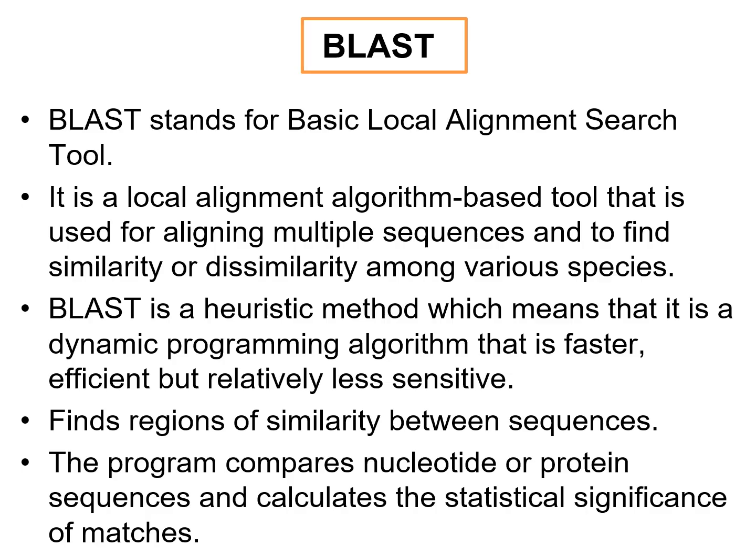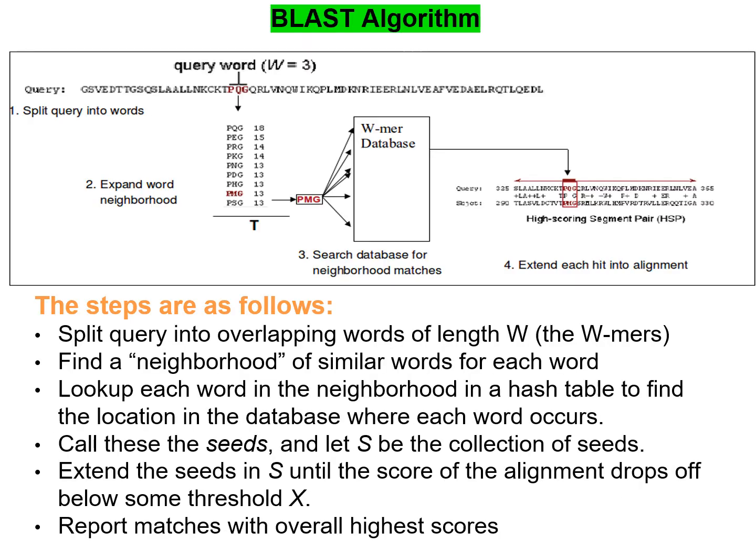It is a local alignment algorithm-based tool used for aligning multiple sequences and finding similarity or dissimilarity among various species. BLAST is a heuristic method, meaning it's faster and more efficient, but potentially less sensitive than some other algorithms. It finds regions of similarity between sequences by comparing nucleotide or protein sequences and calculating statistical significance.